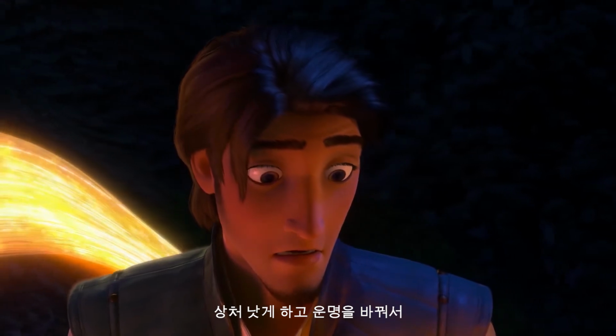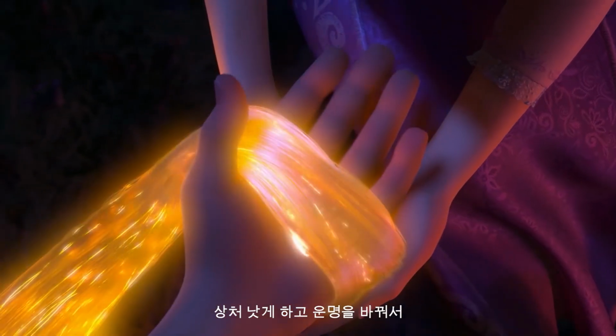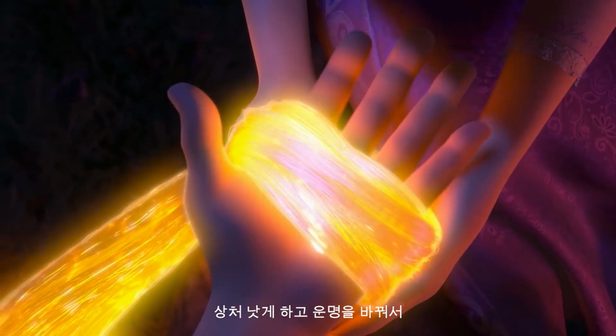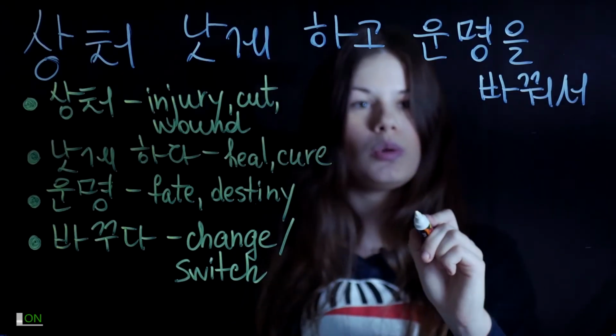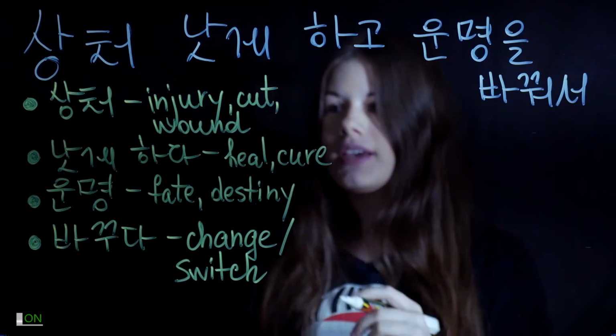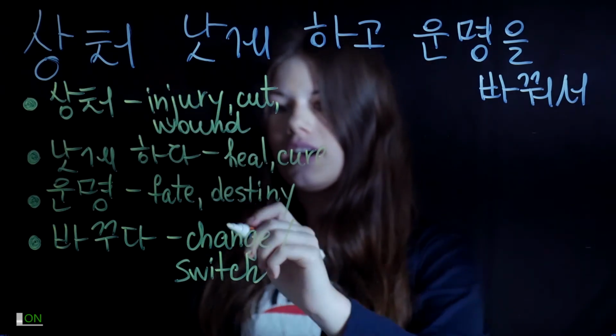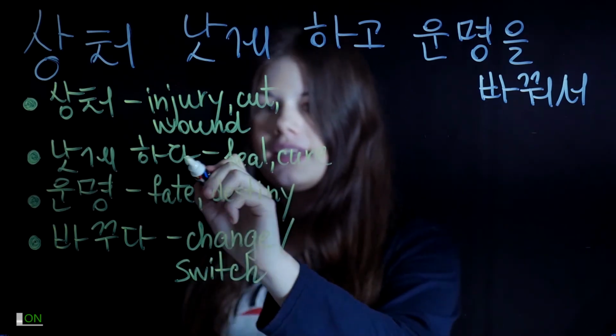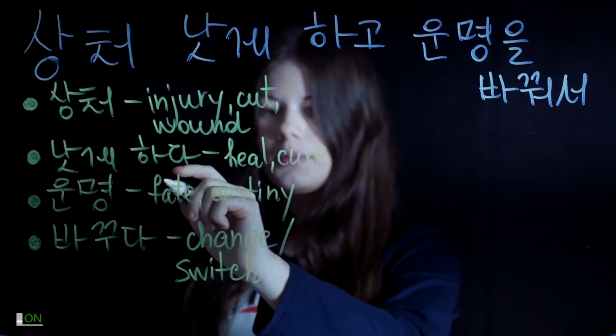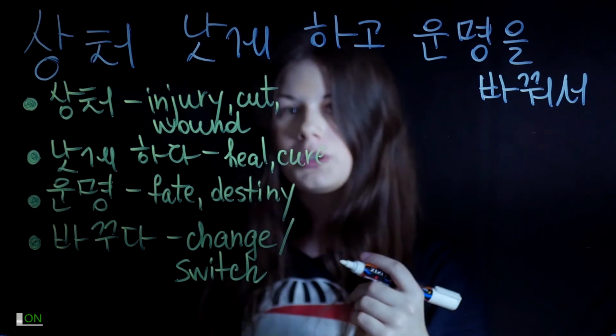상처나게 하고 운명을 바꿔서. Next sentence is 상처나게 하고 운명을 바꿔서. 상처 means injury, cut, wound. 낫게 하다 means to heal, cure.